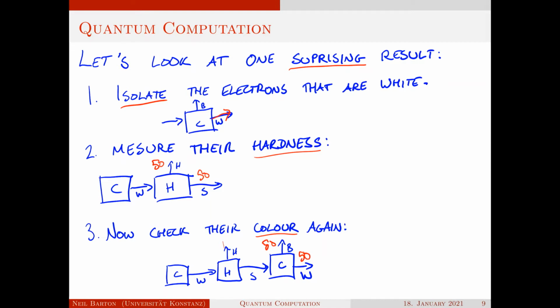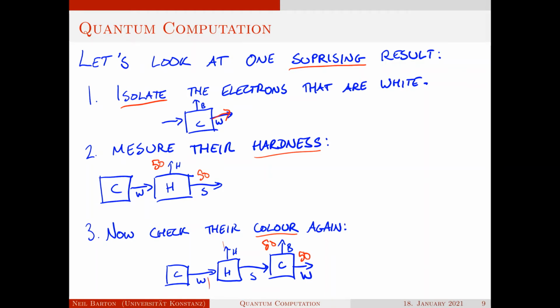This is incredibly surprising, because we thought we had isolated all the white ones. So there is something very strange going on when we measure them for hardness that somehow disrupts the color of the electrons. There are many other kinds of examples, and many get more and more problematic, but this is going to motivate the rough idea that something needs to be changed about ordinary conceptions of probability.